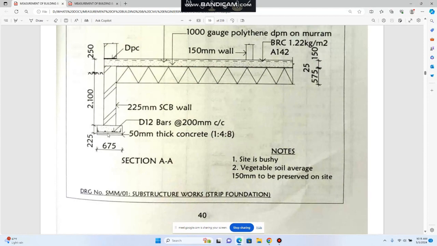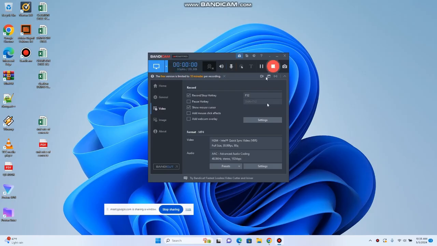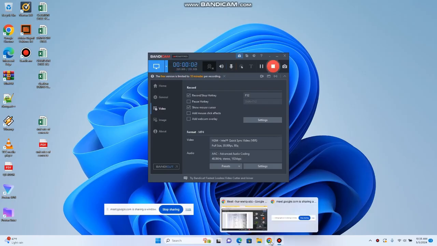Blinding, I've said, is the first layer that is laid on the foundation where we have the trenches, in preparation to receive the mass concrete. Blinding is usually laid on hardcore in areas where we do not have stable soils like red soil. After we have removed the vegetable soil, we shall reduce the level.